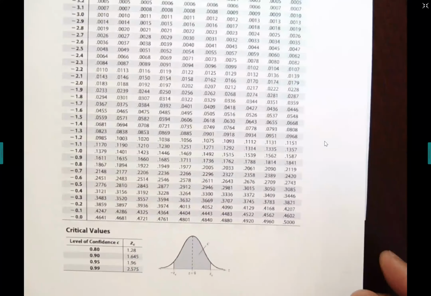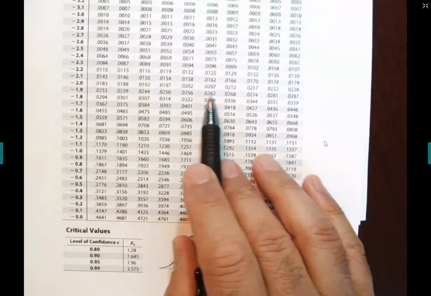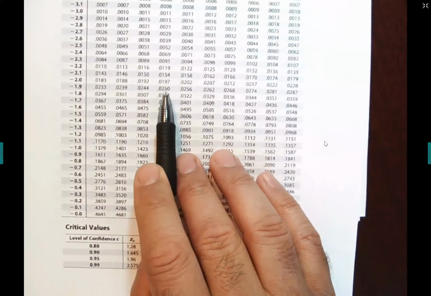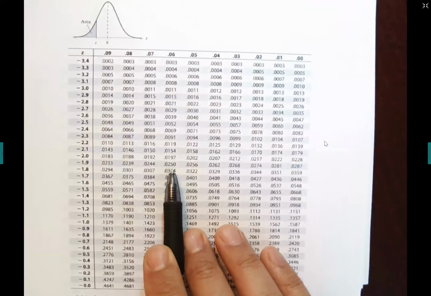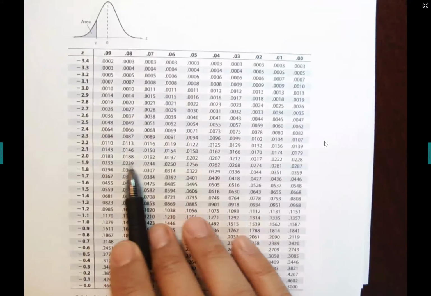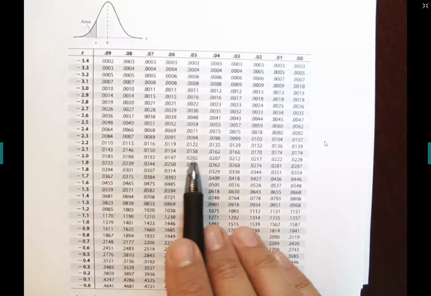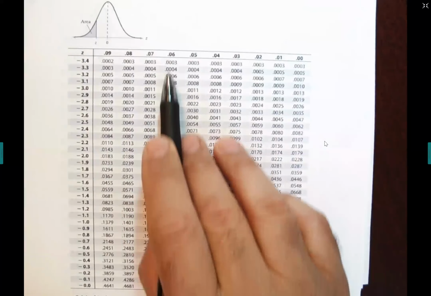Let me show you where, guys. 0.025. Look right here, if you can see, and if you try to figure out what the z-score is, it is negative 1.96, the 0.025 right here. Look, this is the 6, and this is the 1.9 right here.